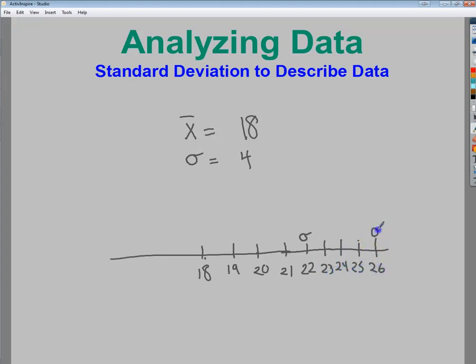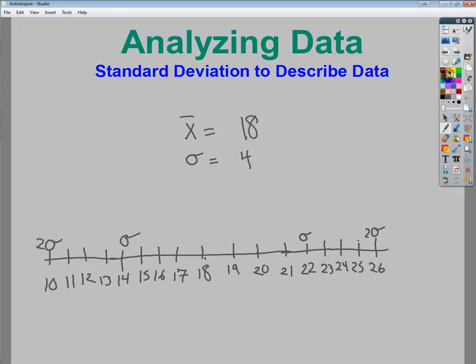It's another standard deviation out. I might call it 2 standard deviations. On the other side of it, one standard deviation away. Two standard deviations away.